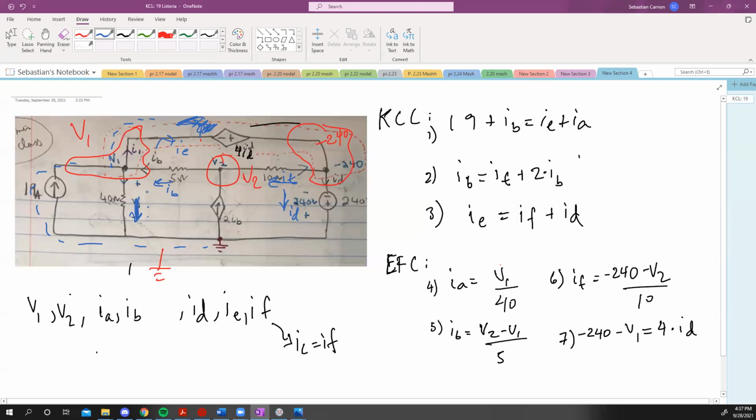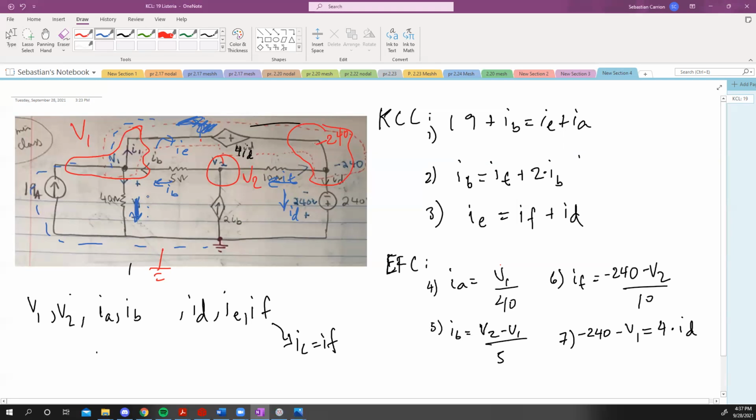Then we did the KCL for the negative 240 node: I1 minus ID plus V2 minus negative 240 over 10 equals 0. He solved the top one for I1 and plugged it into the KCL for the negative 240 node. So that's what's happening at the top of that paper.